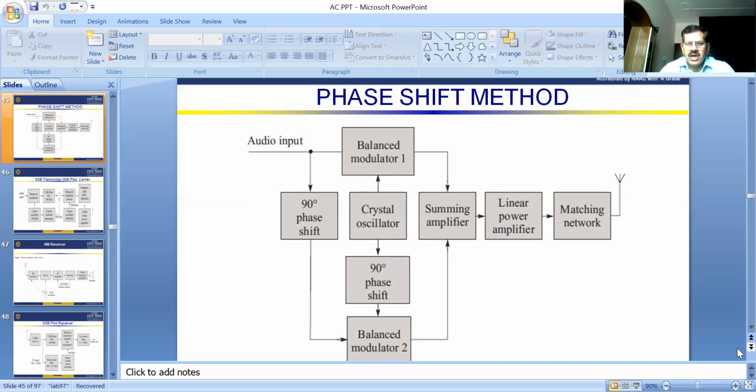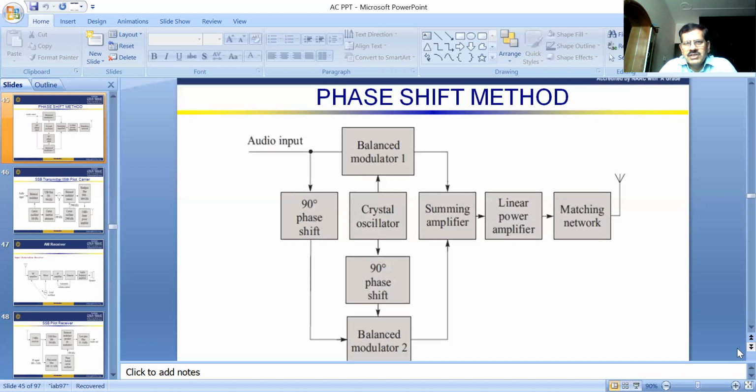The output of this summing amplifier is applied to the linear power amplifier, and this linear power amplifier provides linearity to the input signal and increases the strength of the signal received from the summing amplifier. And next, this signal is transmitted to free space with the help of the antenna.